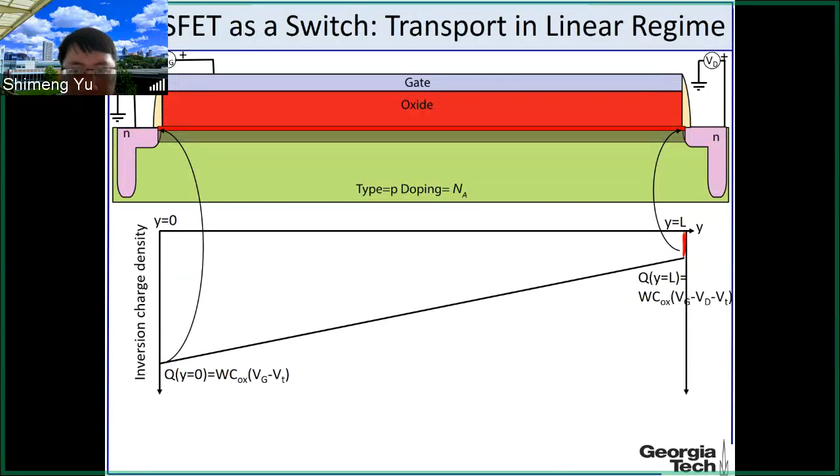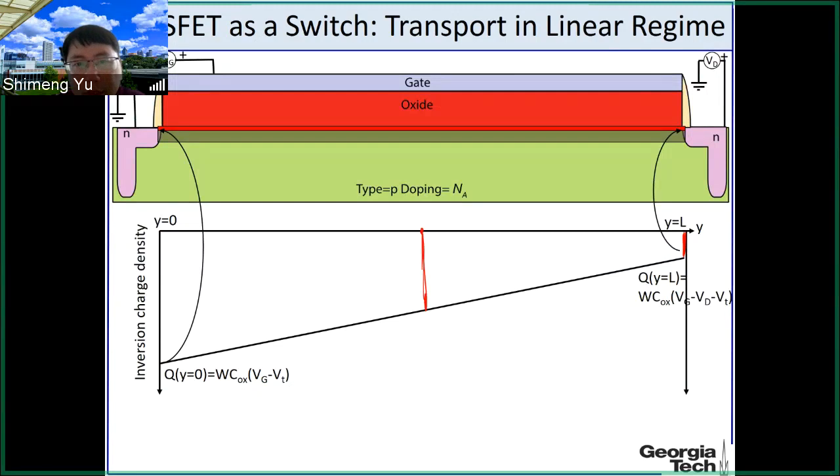Now we want to derive the current, drain current. So how do we get the current? We can look at the middle of the channel here. Remember, the current is always determined by two factors.